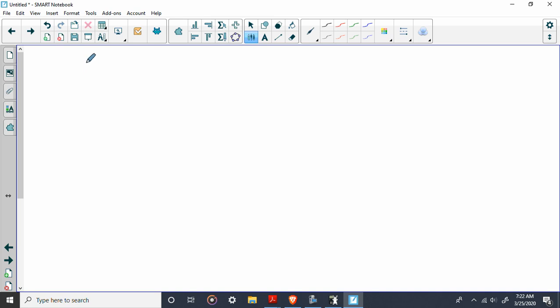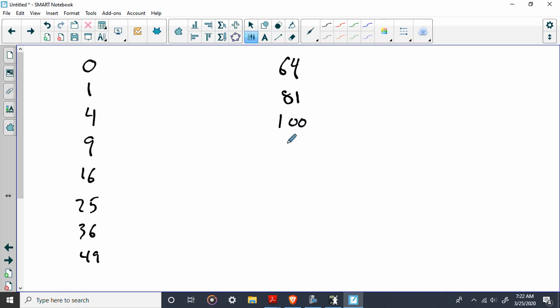So your perfect squares are 0, 1, 4, 9, 16, 25, right? These should be looking familiar to you, right? 36, 49, 64, 81, 100, that's a nice number, right?